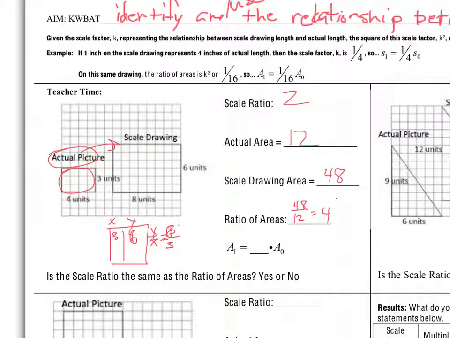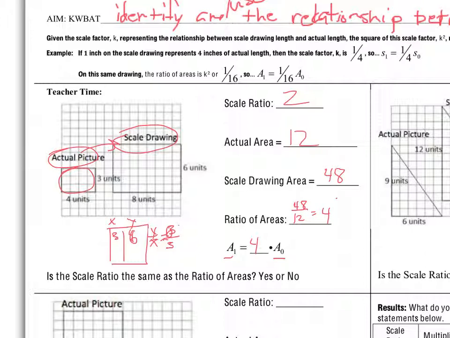And so what that tells me is that if I were to keep this same ratio from one figure to the next, the area of the second figure is 4 times the area of the original figure, or A0.